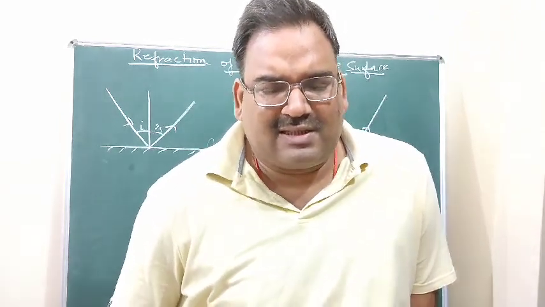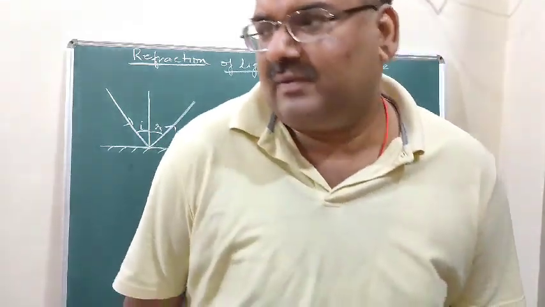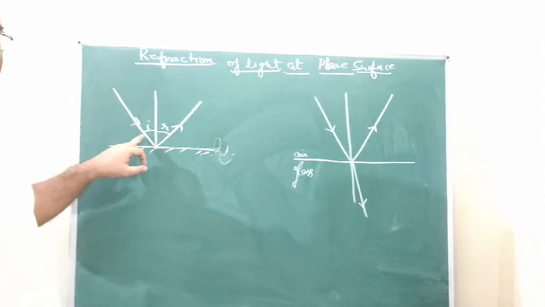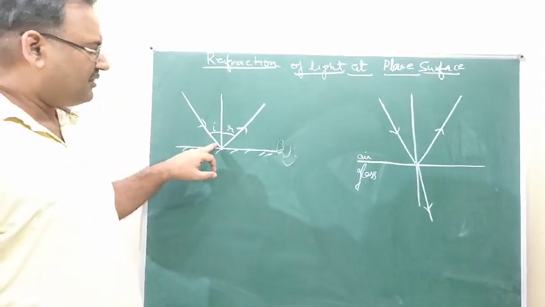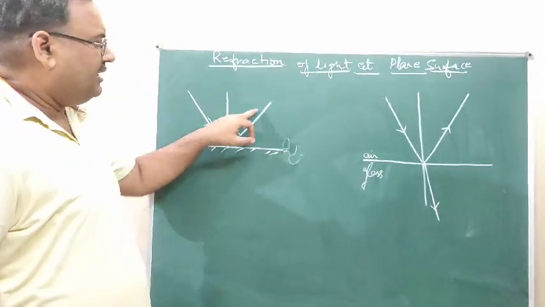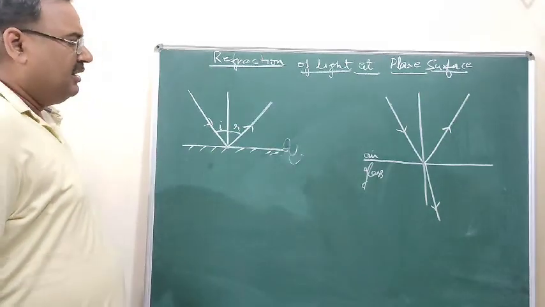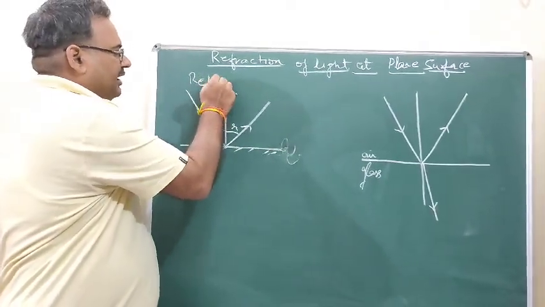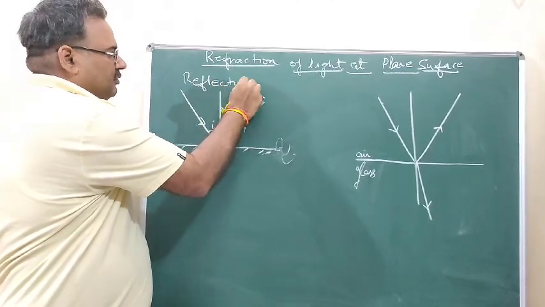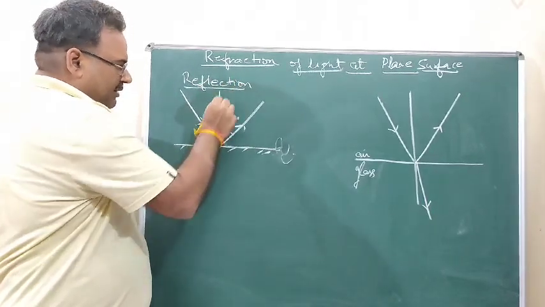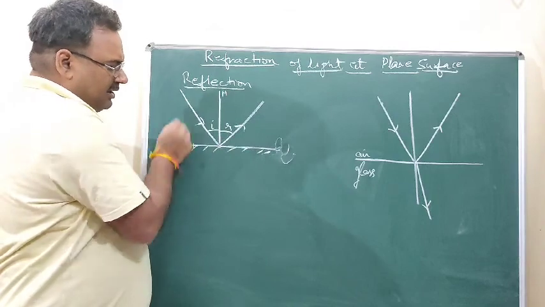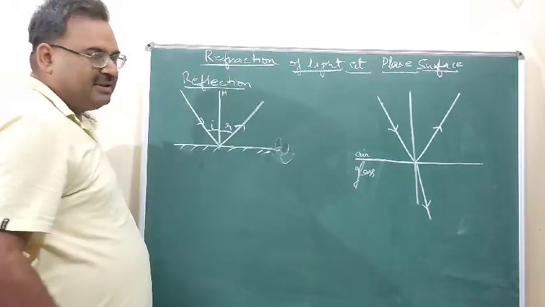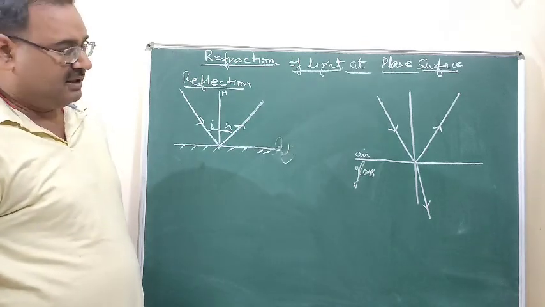Here, this is a plane mirror. The incident ray comes and strikes and is reflected back in the same medium. This is the normal, and the ray of light strikes at the surface and is reflected back into the same medium, so it is known as reflection.